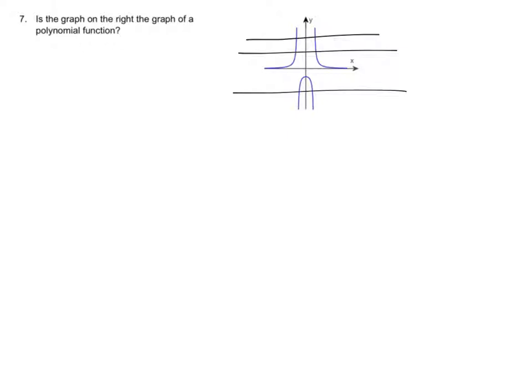As you can see, I drew 3 lines, and the lines touch the graph at more than one spot. So since it crosses the graph at more than one spot, I know that this is not a polynomial function.